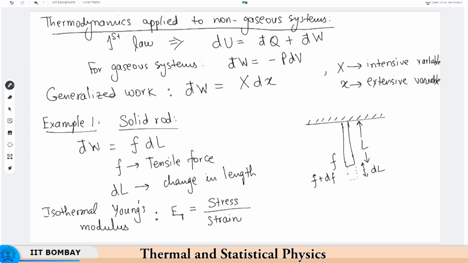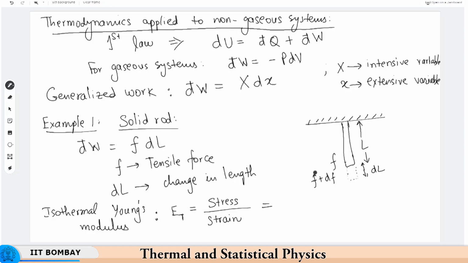So, how do we define it? Remember, say at a certain force F, the length of the rod is L. If I give a tiny increment to this force dF, the length increases by dL. Therefore, I can define my stress.